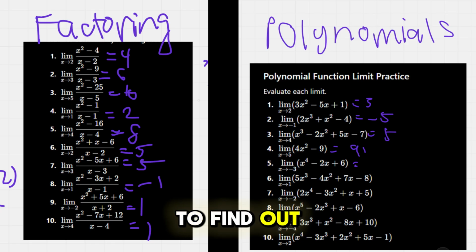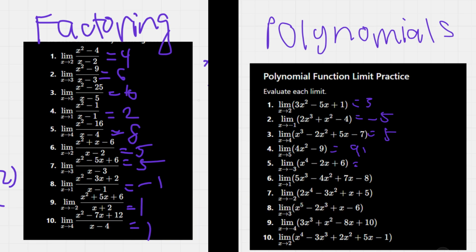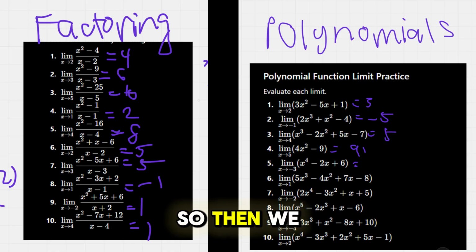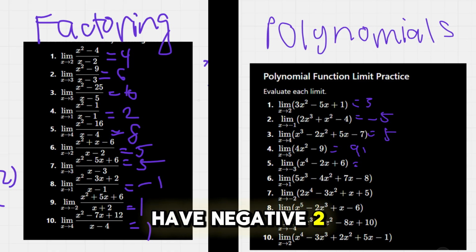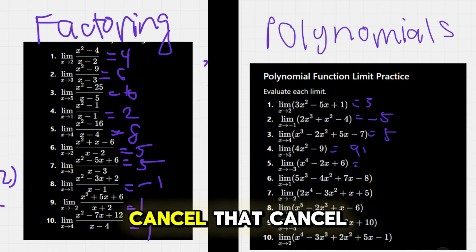So you have to find out what adds up to negative 3 and multiplies to positive 2. So then we have negative 2 and negative 1. So x minus 1, x minus 2.